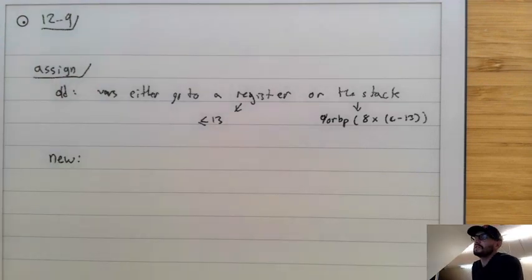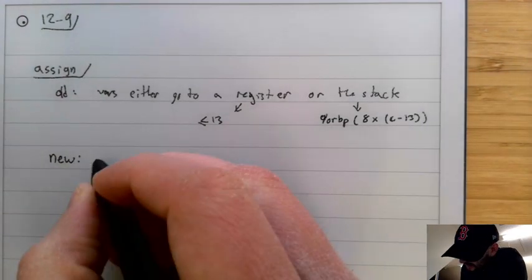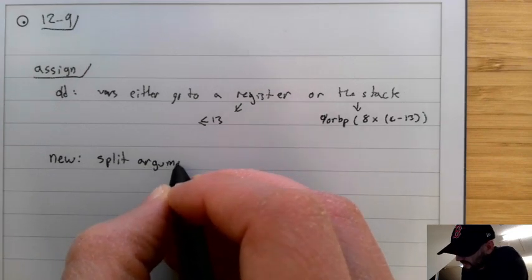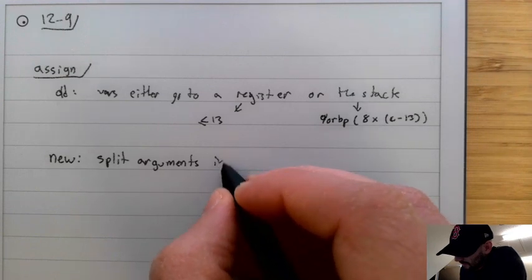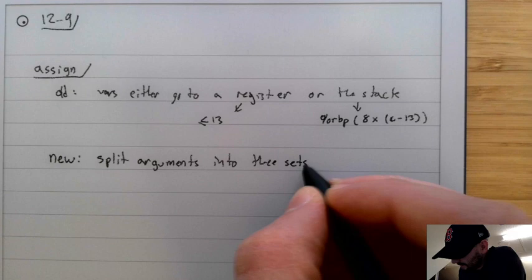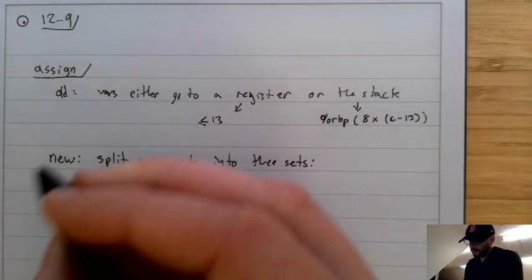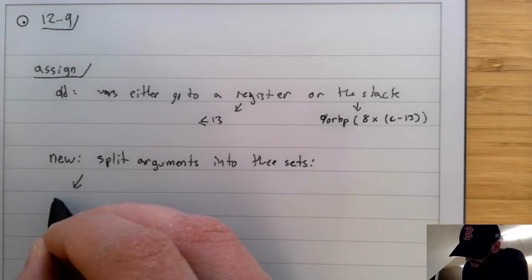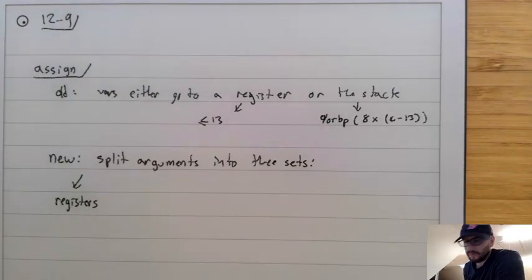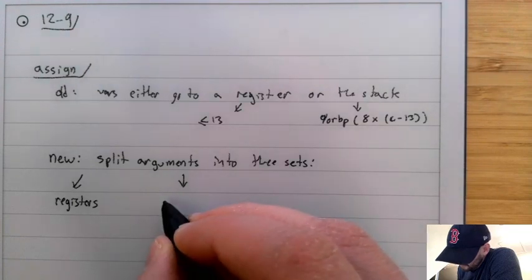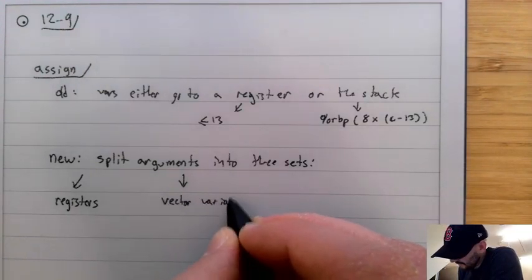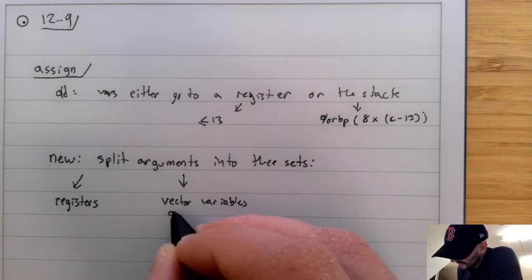The new rule is going to split up the arguments into 3 sets. So the things that are registers, that's set number 1. Set number 2, vector variables on the stack.